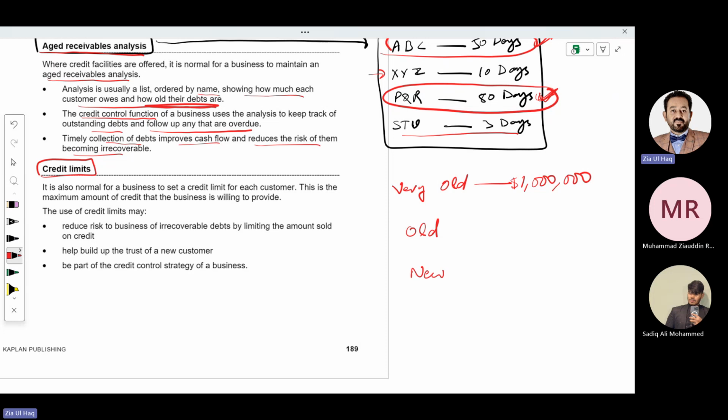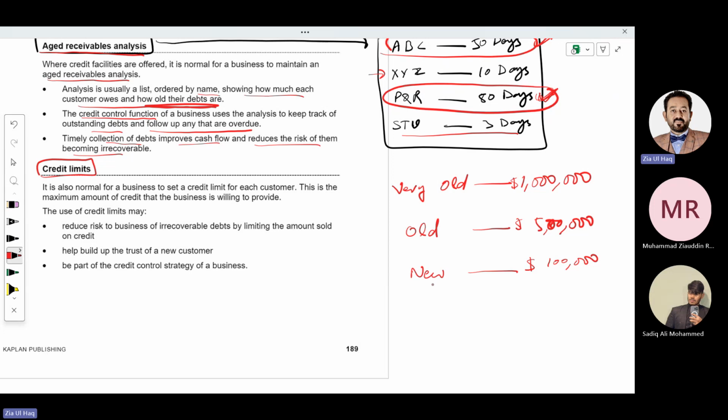They can buy from us on credit basis up to 10 lakh. And to the old customer we might have a credit limit set of 5 lakh. It means they can buy from us up to 5 lakh on credit. And for a new customer, because they are new, we will set a lower credit limit, like only up to 100,000 they can buy from us on credit.